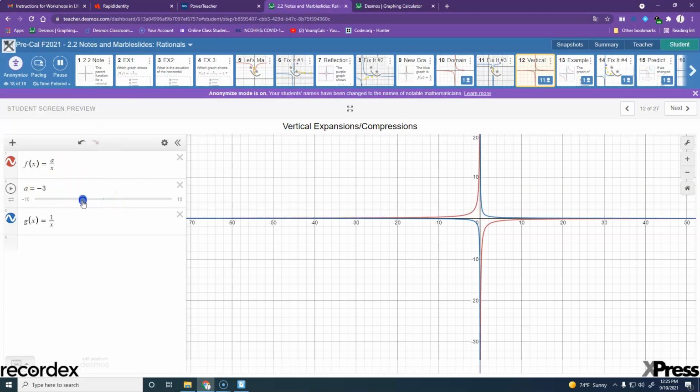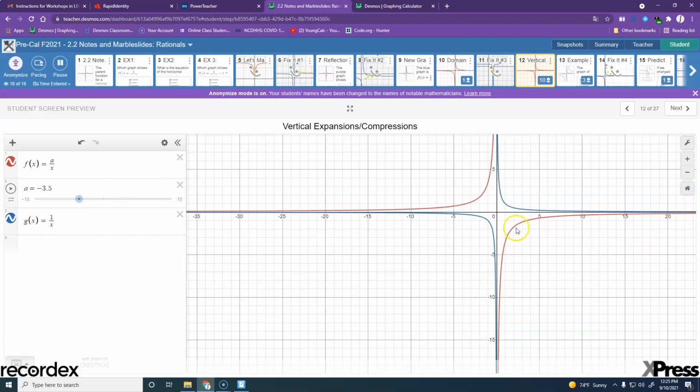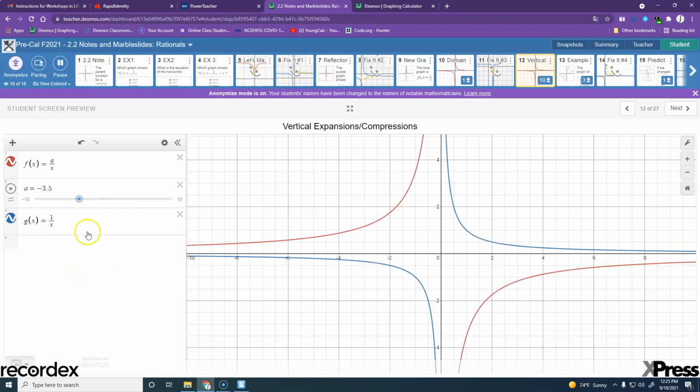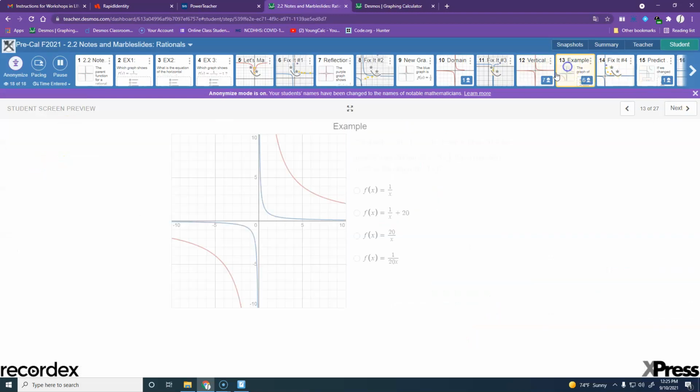What happens if I go down into the negatives with that? It flips it, right? It flips it across there. So if you go down into negatives, that's because the negative is a reflect. It reflects. It also has either a stretch or a shrink there.